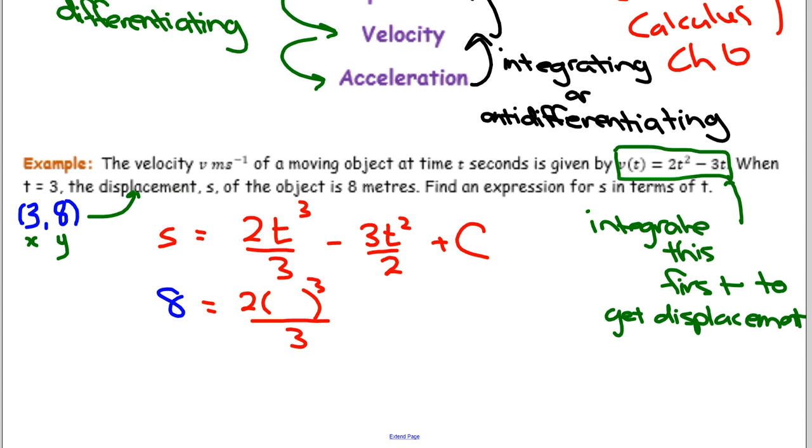I'm just going to put them in blue to show you that we subbed it in. So t is 3, and the other stuff is 8. Let's try non-calc for now, as much as we can. We're welcome to try with calc though.